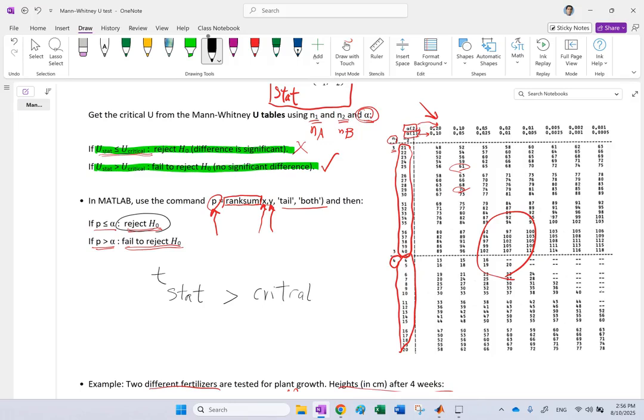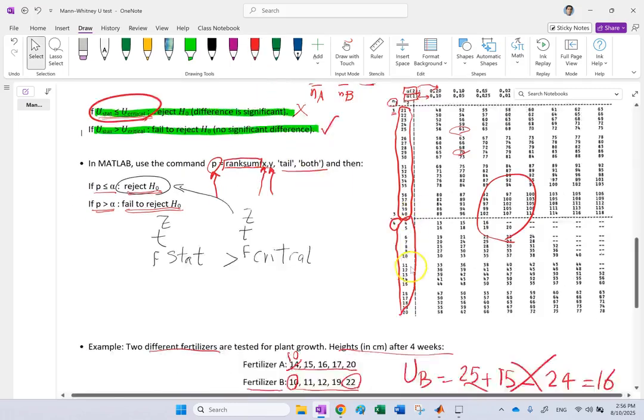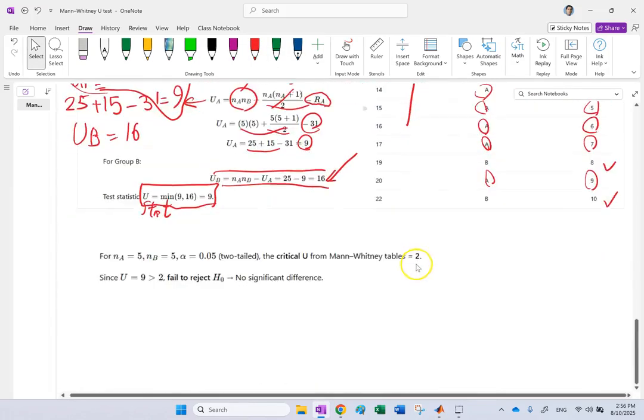Whether it was T or F or Z or anything, right? In order to reject it, we had to have our stat value bigger than critical. This time it's the opposite. In order to reject it, it has to be less than the critical value. Okay, so please pay attention to this difference here.